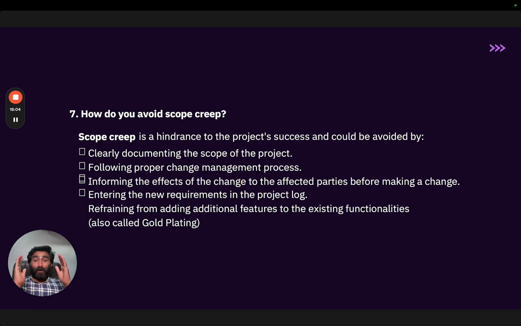Second is, follow the proper change management process. If you see after 1 week a change of 1%, add that 1% to the tracker and share that tracker with everyone, and ask them to provide approval. Up to 1 week or 2 weeks, if you see another change, please add that, it happens. See, in a product development journey or software development journey, I have seen every day stakeholders come up with thousands of different requirements.